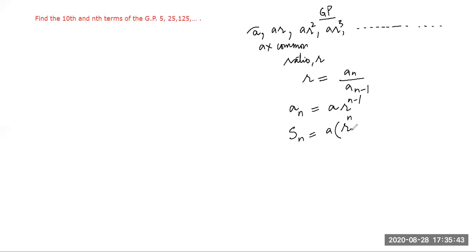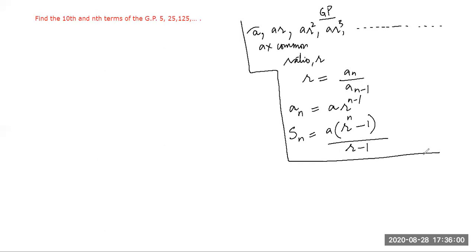Not Rn, it is r raised to power n. So these are basically the formulas, and based upon these formulas, we can find any sum.